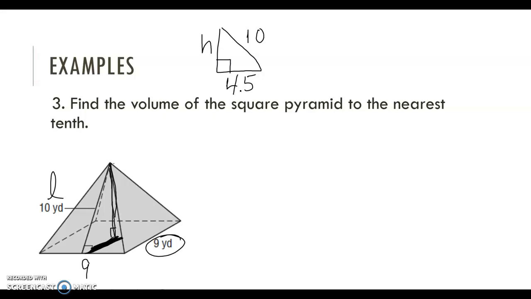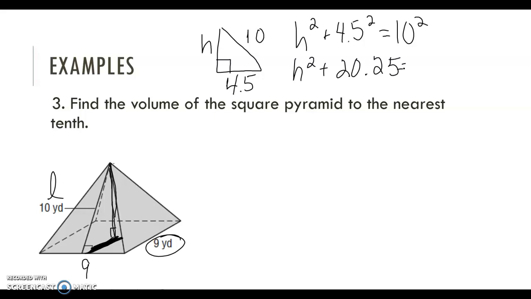Okay, so now we're going to use the Pythagorean theorem. So h squared plus 4.5 squared equals 10 squared. Then I get h squared plus 4.5 squared, which is 20.25, equals 100. If you subtract that, you get h squared equals 79.75.